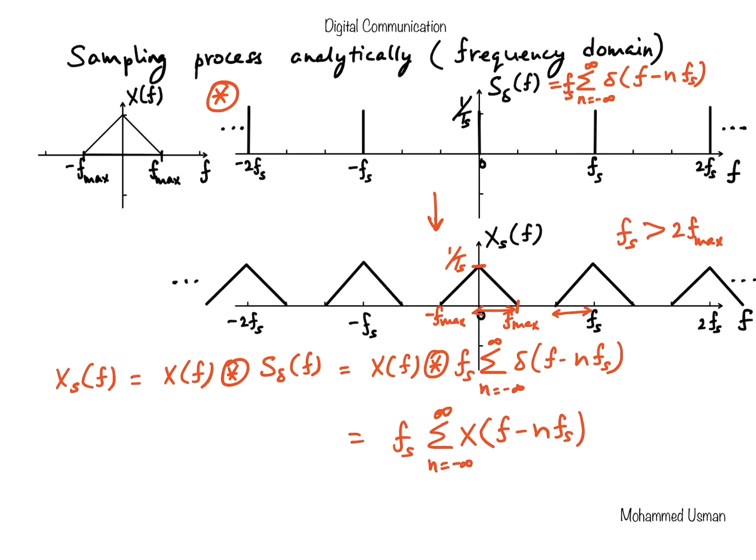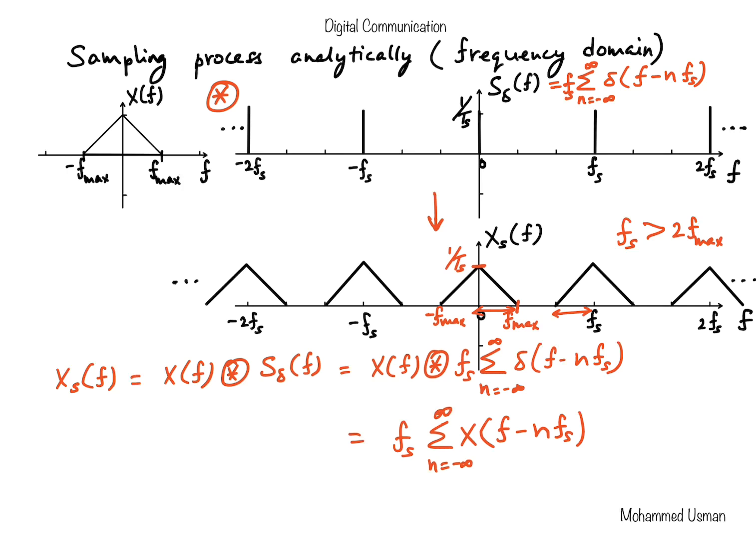So when you apply low-pass filtering to the sample signal, only this part of the spectrum, the replica centered on 0, would get extracted, and all the others would get discarded. So we would get back that part of the spectrum which corresponds to the spectrum of the original signal.